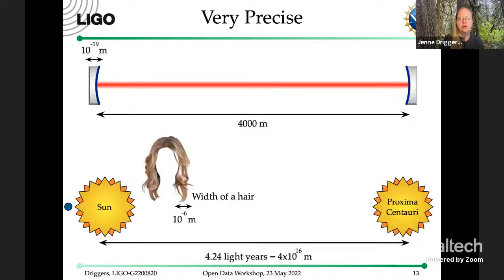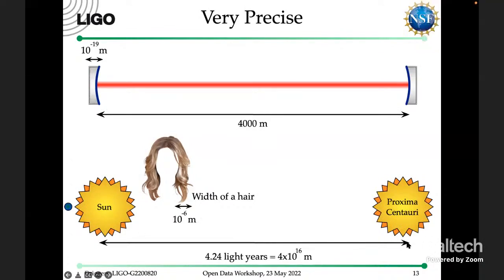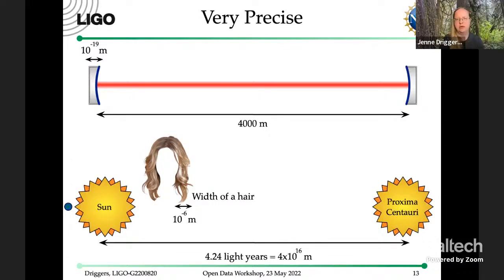And that's equivalent to measuring, again, this is a ratio, the width of a human hair level of precision, the distance between the sun and the next star. So that's how very, very precise the gravitational wave interferometers are.